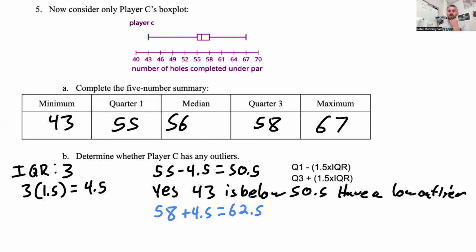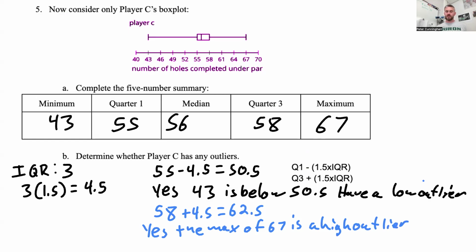We're actually going to say, okay, we've calculated that the maximum of 67 is a high outlier, because it is above 62.5.